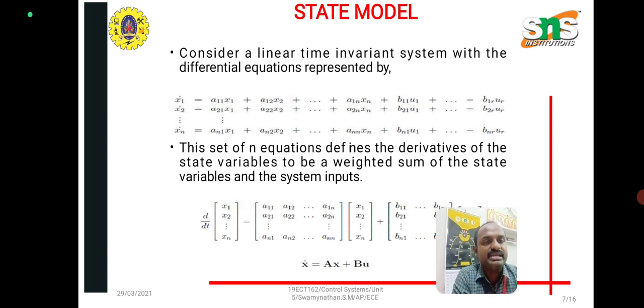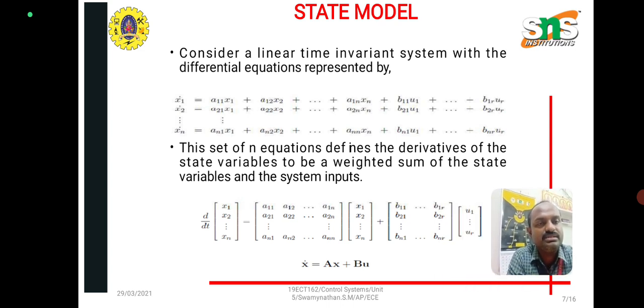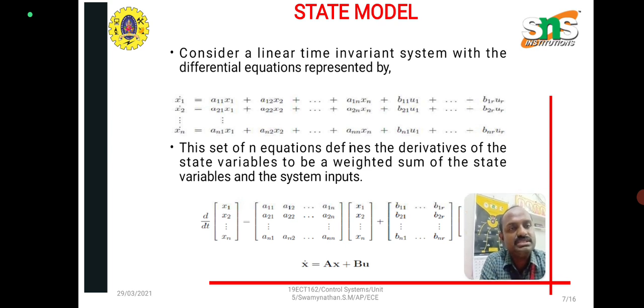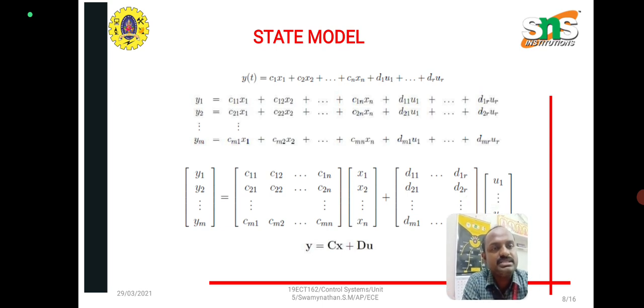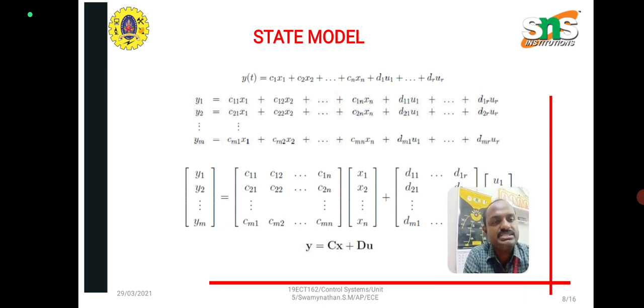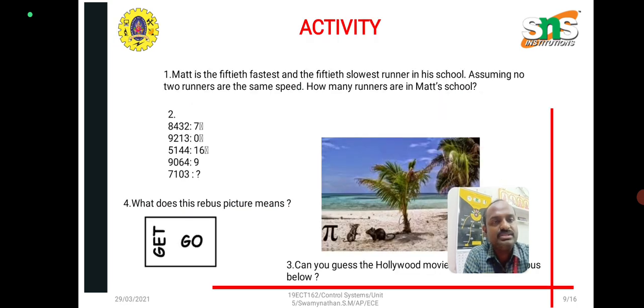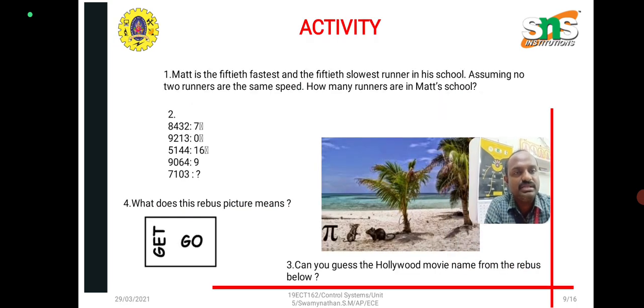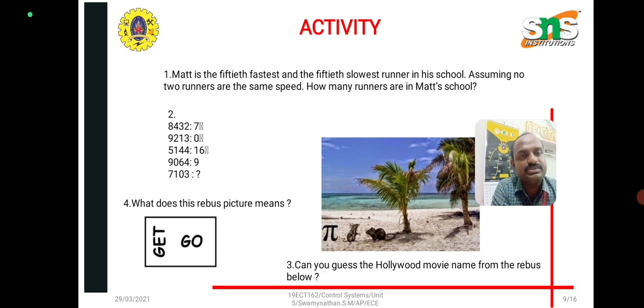So you can get x1, x2, and the same thing for b. So you can write x' equals Ax plus Bu. This is the state model, and the other equation is y equals Cx plus Du. Following this, we have an activity, and I will show a simple example.